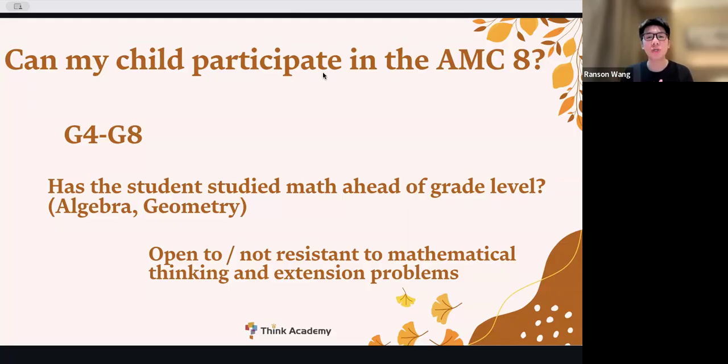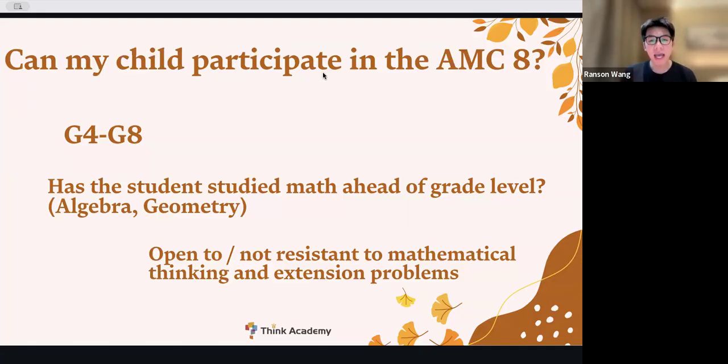For example, they know some basic pre-algebra, like solving equations or inequalities, and some basic knowledge points. They have also learned some geometry, for example, how to calculate the area of circles and three-dimensional shapes, something like that.